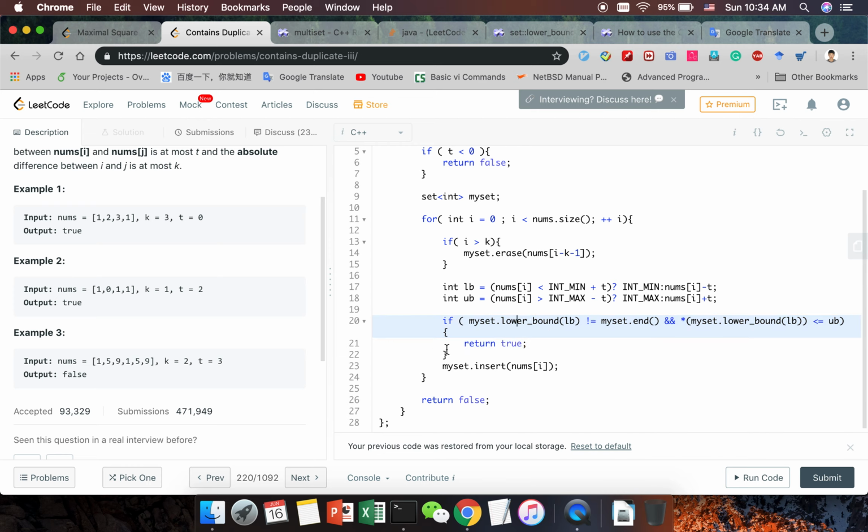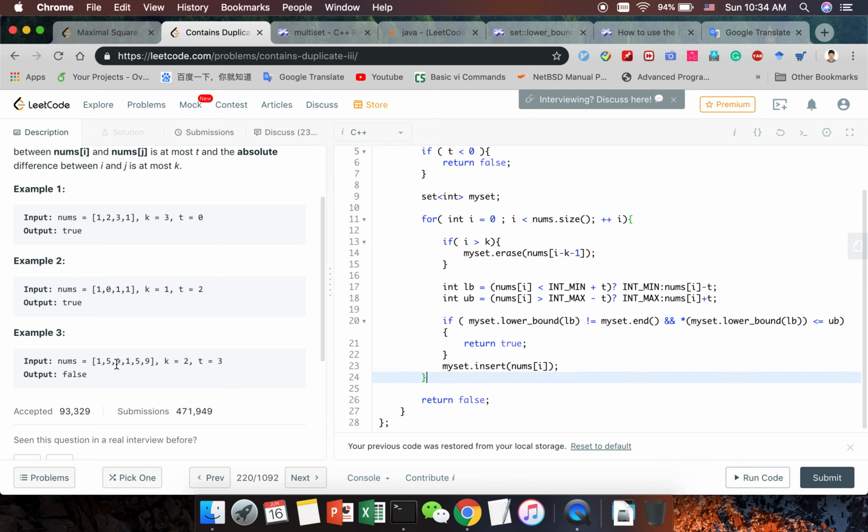However, 1 does not satisfy this range, so 1 is not a solution. So we just insert 5 into this set. So we have 1, 5 in this set, right?